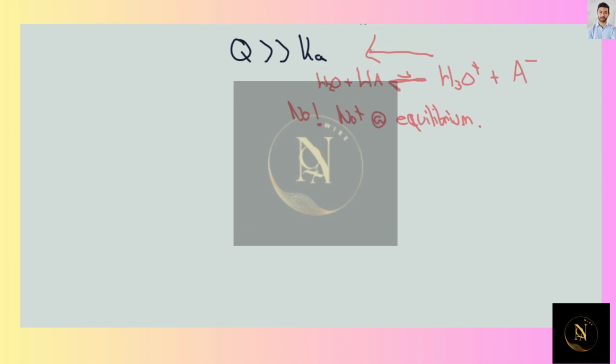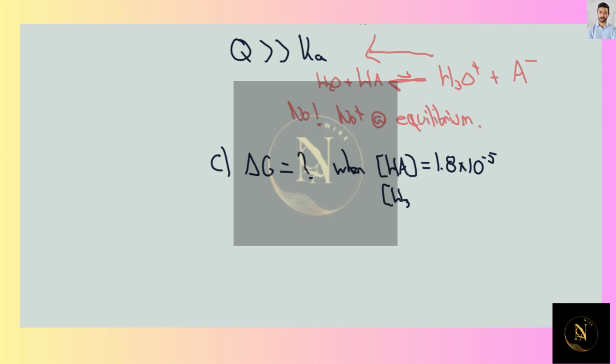And finally, for part C, we want to determine the value for delta G when the concentration of the weak acid is equal to 1.8 times 10 to the minus 5, and the concentration of H plus is equal to the concentration of X minus, I assume there is a typo in the question, equal to 2.3 times 10 to the minus 3.